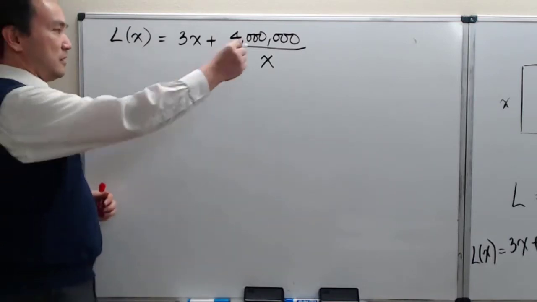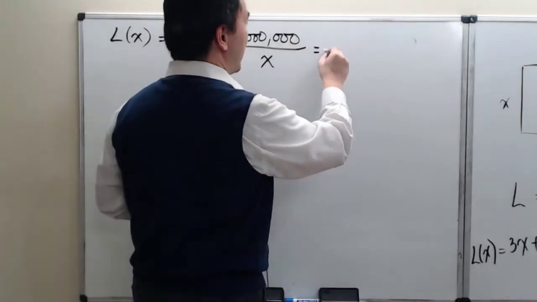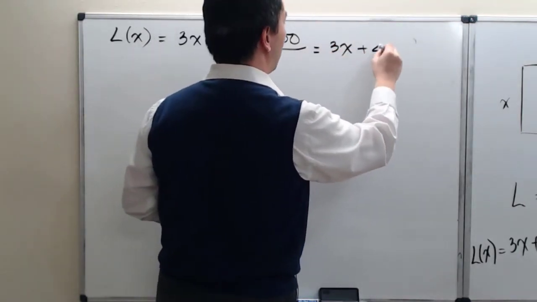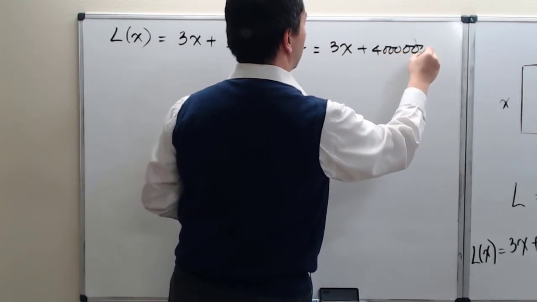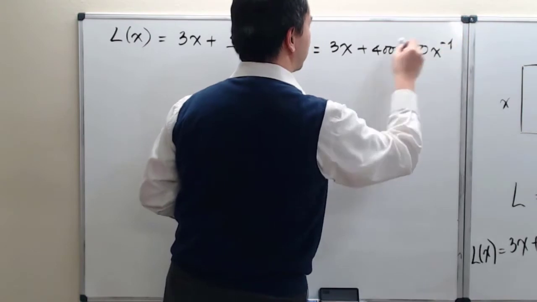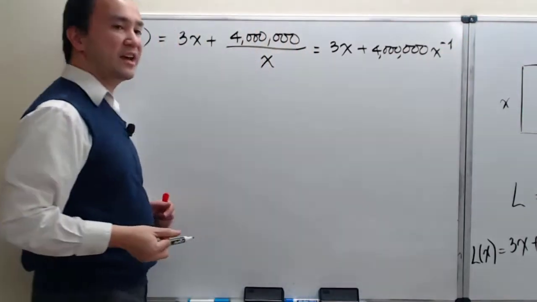A function like this, you can also rewrite, for the next step, as 3x plus four million times x to the negative 1.